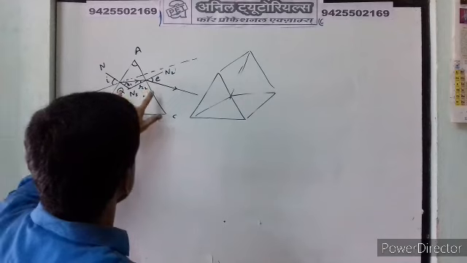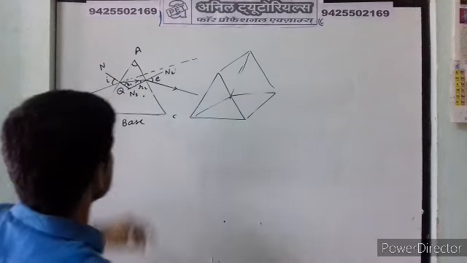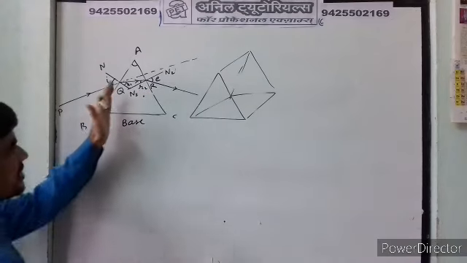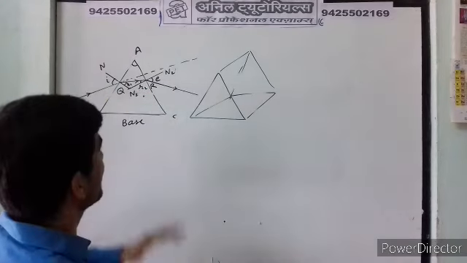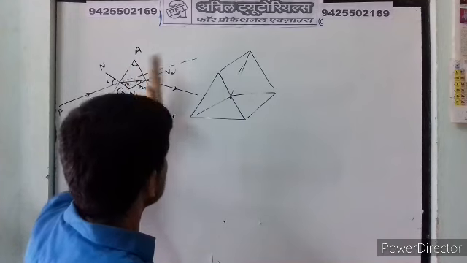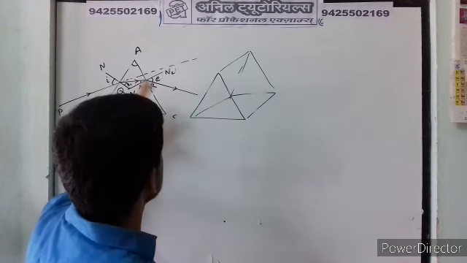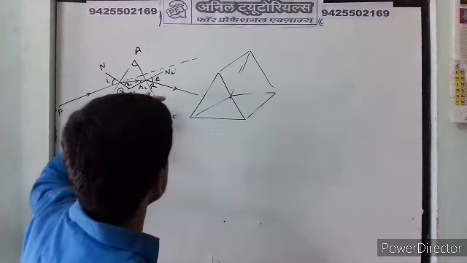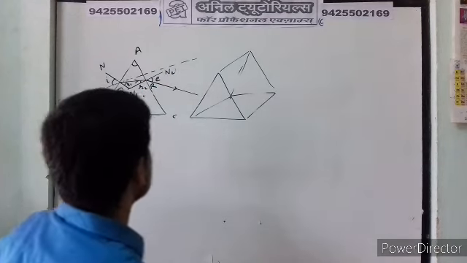See, the ray which is inside the denser medium now comes out. Now again it suffers refraction, and when it comes out from denser medium to rarer medium in the air, it moves away from the normal. So just see here, the ray is moving away from the normal.